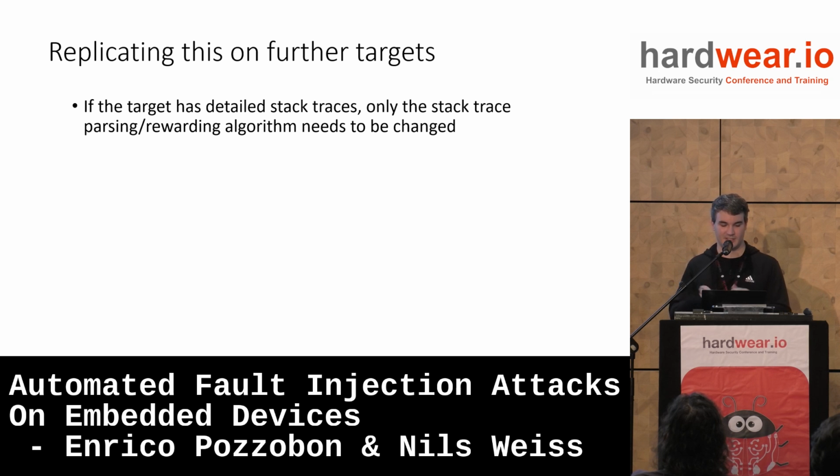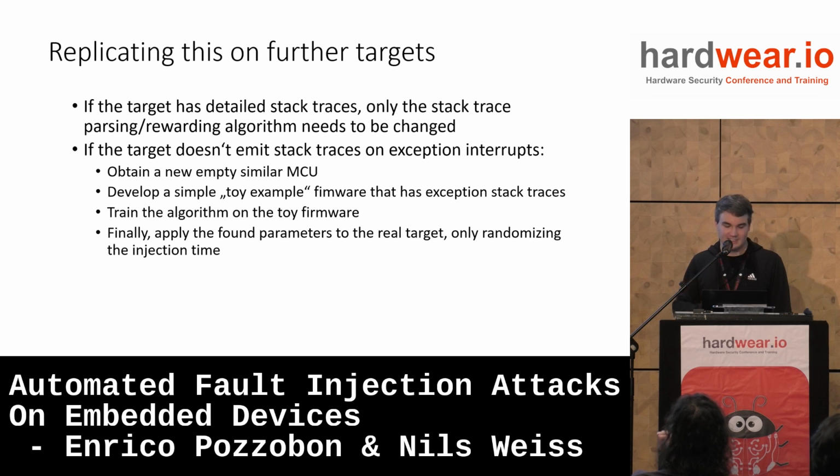Just create a parser and a rewarding algorithm specific to your target, and then put it in the EMFI glitching setup, and you're probably going to get a code execution within an hour, at least if the target doesn't have special protections against EMFI, but we didn't see those yet in our targets.